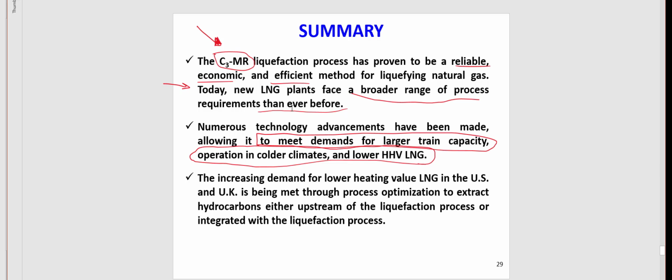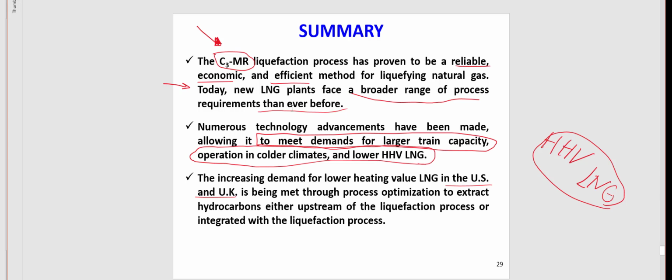Some countries like US and UK, you remember before that we talked about UK, were mixing the LNG that they are receiving with nitrogen to meet the requirement that they have in their heating appliances, home appliances. So we have to have this flexibility to play with the heating value of LNG, either higher heating value or lower heating value, to meet the requirement by countries like US, UK.